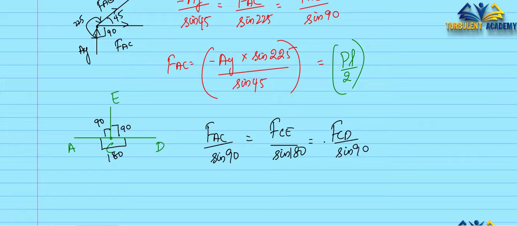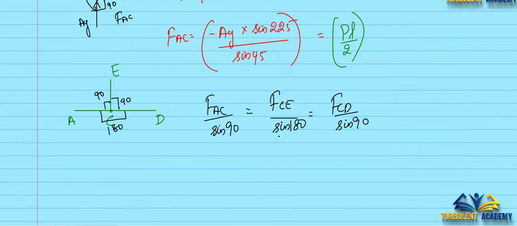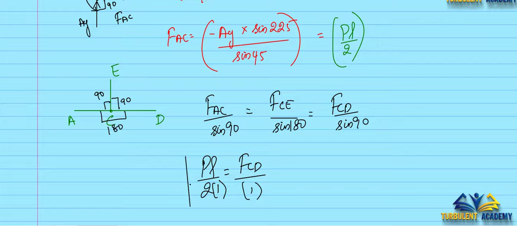What we require is FCD. FAC is already PL by 2. Sine 90 gets cancelled, so FCD is equal to FAC. Just substituting for your reference, PL by 2 is equal to FCD. Sine 90 is 1. So FCD is also going to be the same answer.